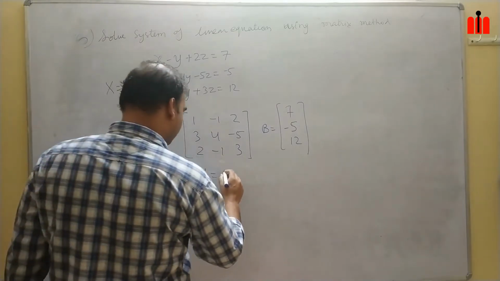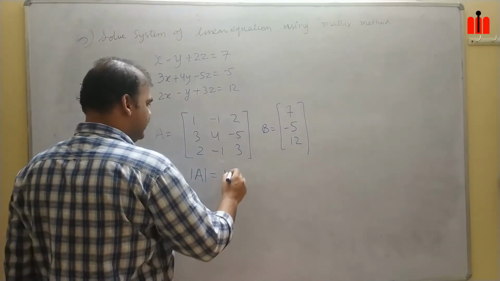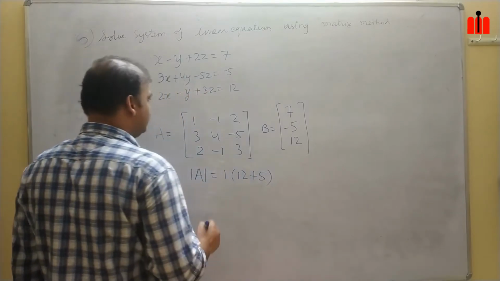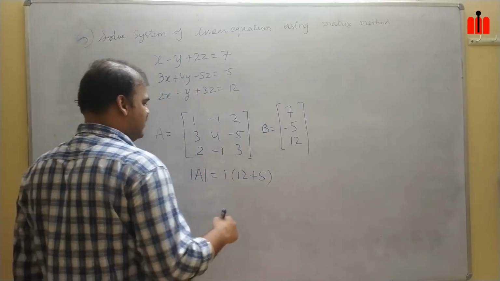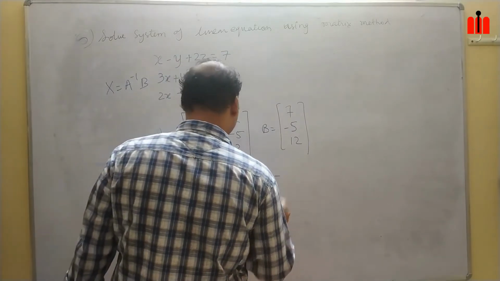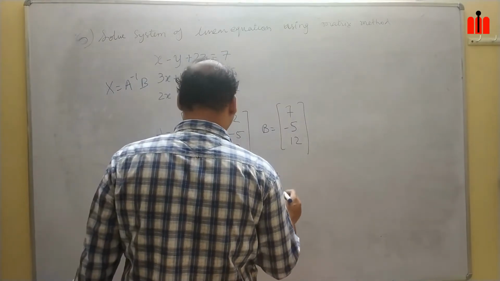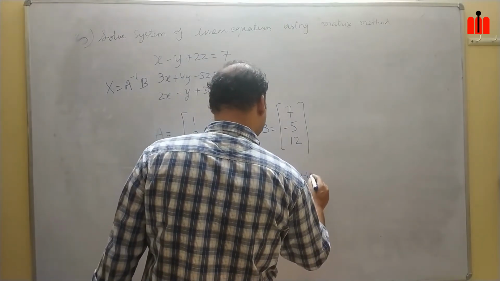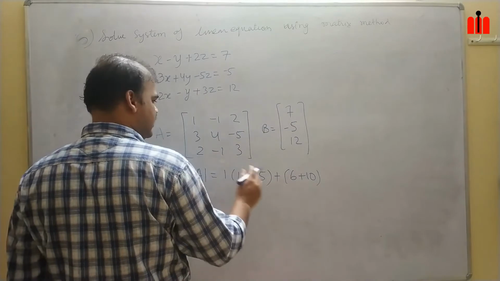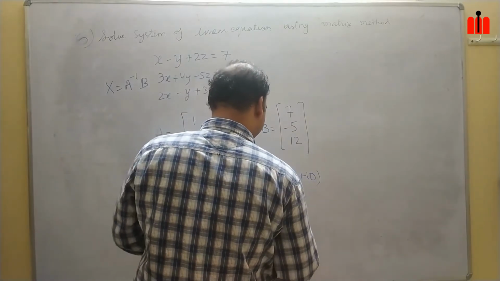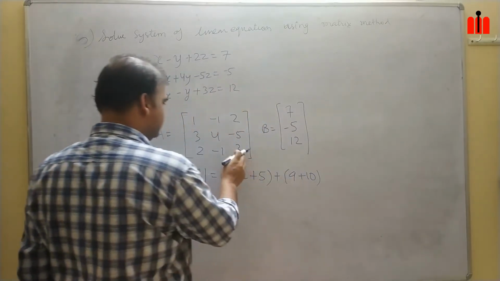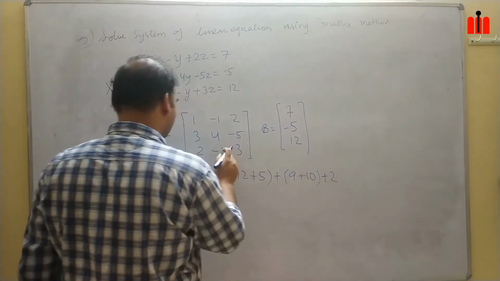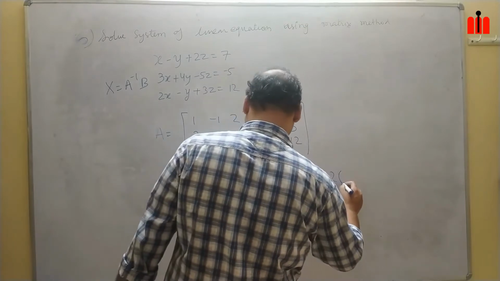It will be 1 into 12 plus 5, minus 1 into, so it will become plus 1 into 9, 3 3s are 9, plus 10, plus 2 into minus 3 minus 8.